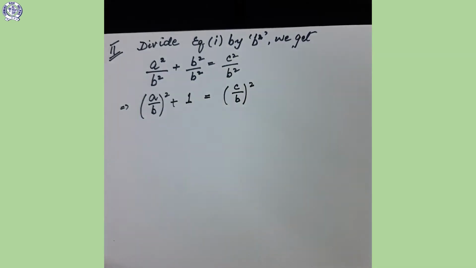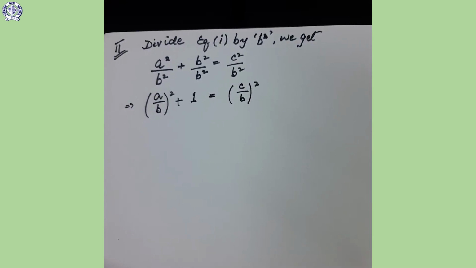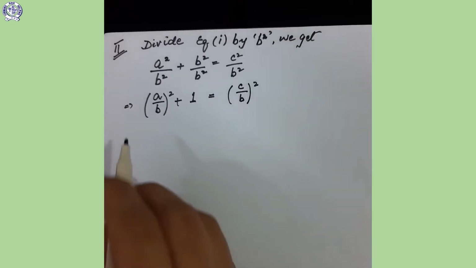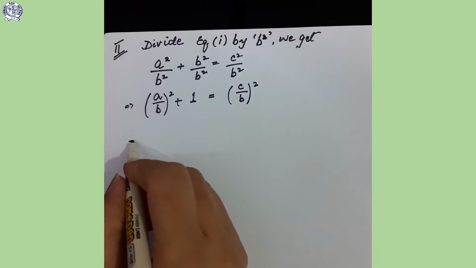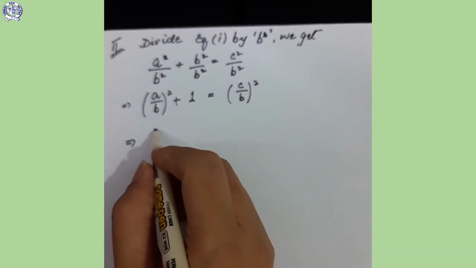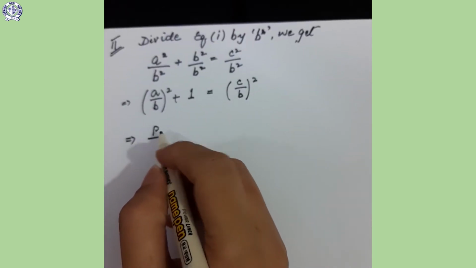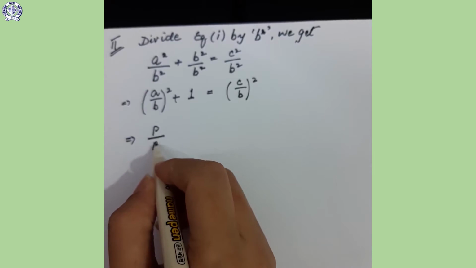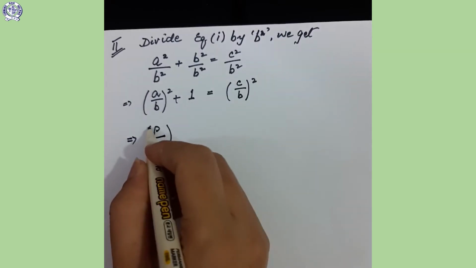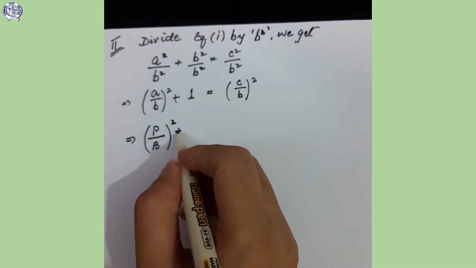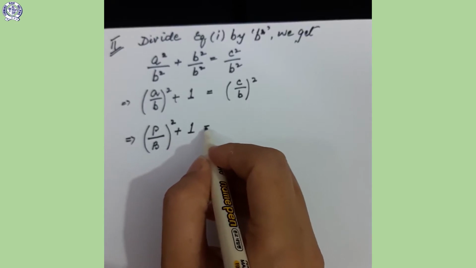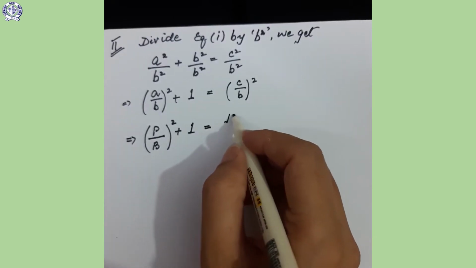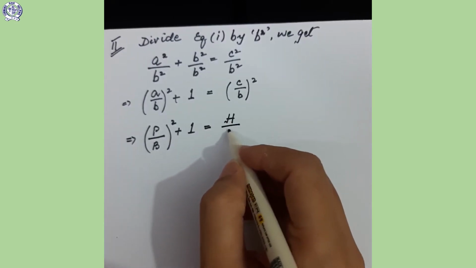Okay, same way we will solve. Then we will give the names perpendicular and base. a is perpendicular upon b is base according to the figure, square plus 1 equals c is hypotenuse divided by b is base.